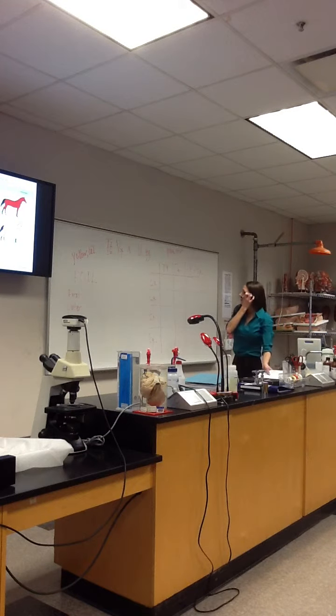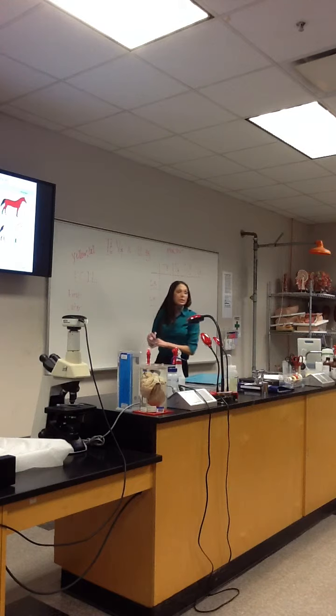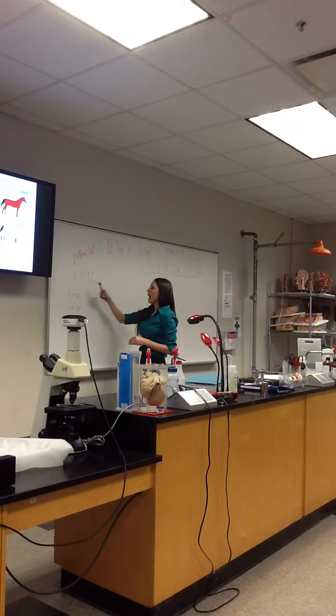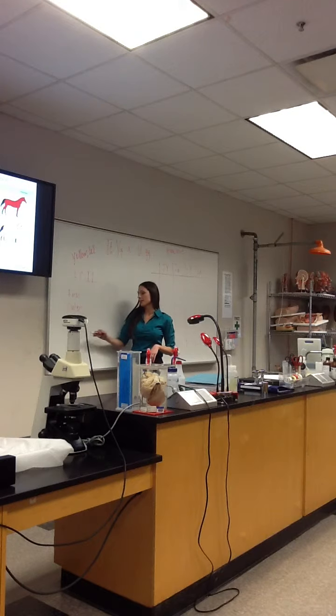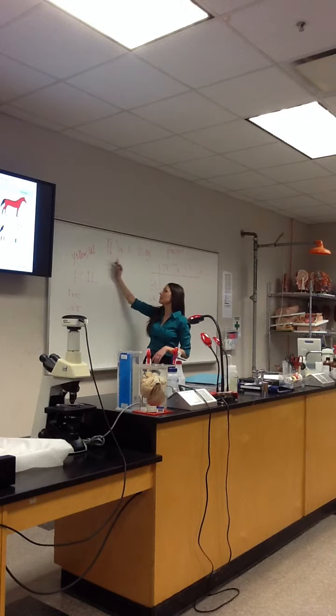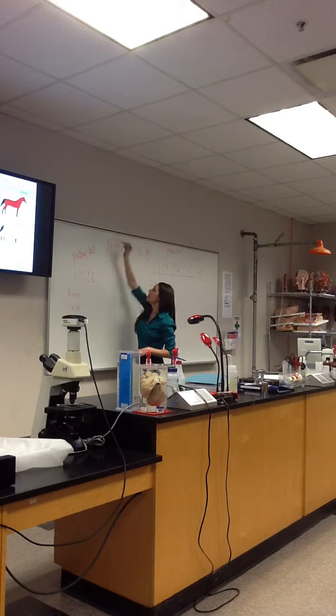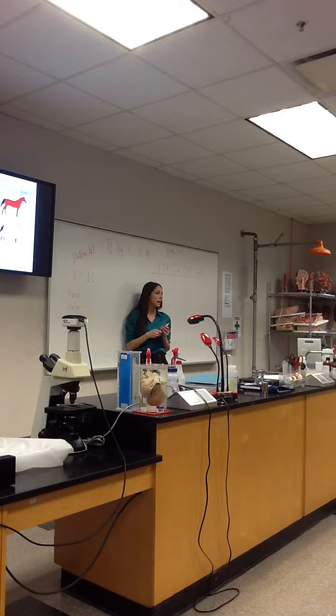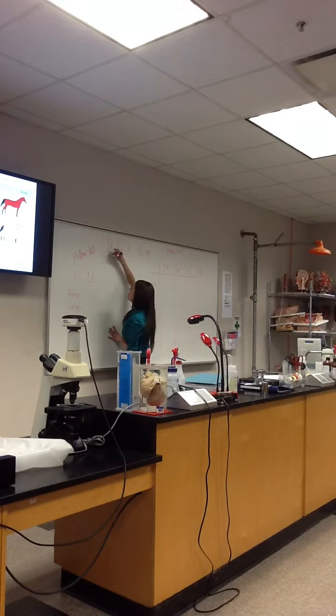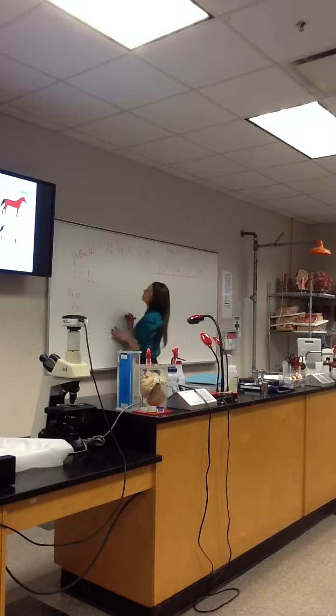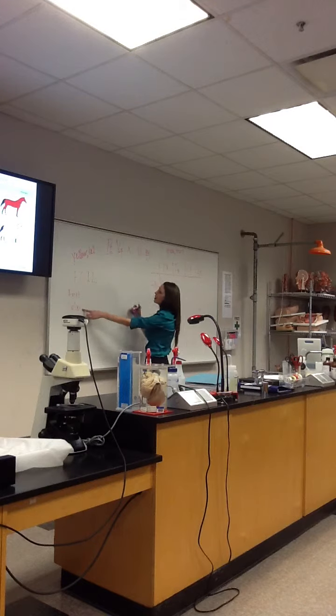So the FOIL, F-O-I-L, stands for first, outer, inner, last. We're referring to the alleles that are in the genotype. So my first allele is this one and this one. Big T, big Y. I put it in the first square. My outer alleles.